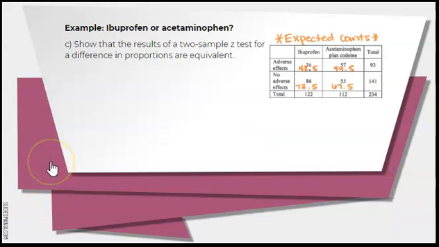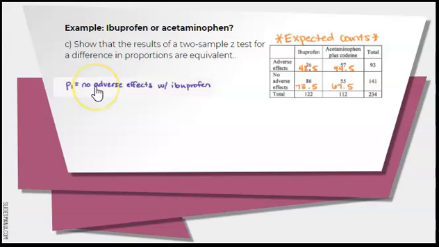Now part C says, show that the results of a two-sample Z test for a difference of proportions are equivalent to what we got in chi-squared. So if we look at this as proportions instead of categorical data, we can get the same result actually.